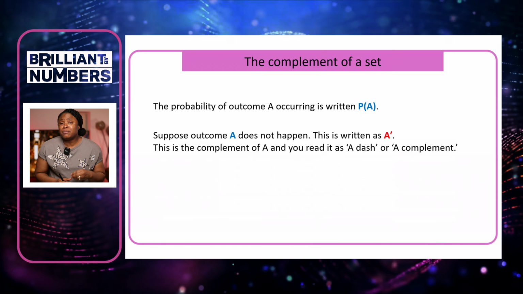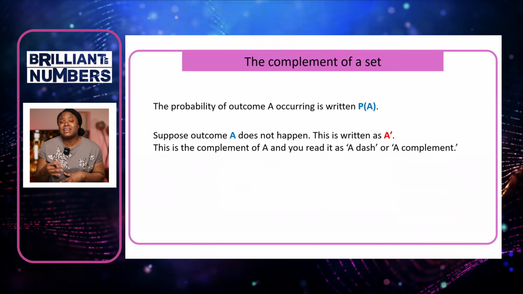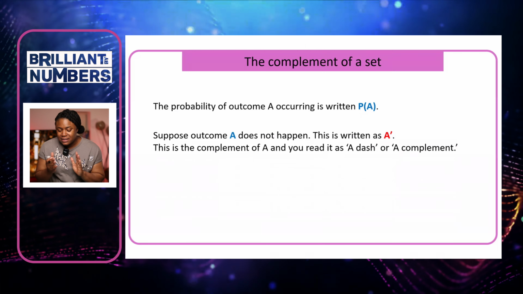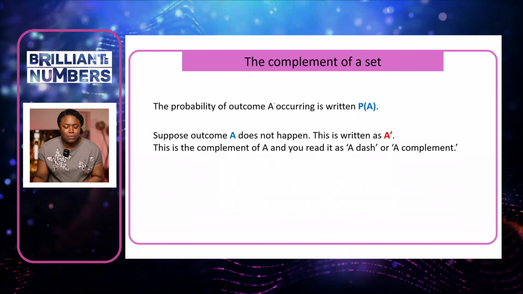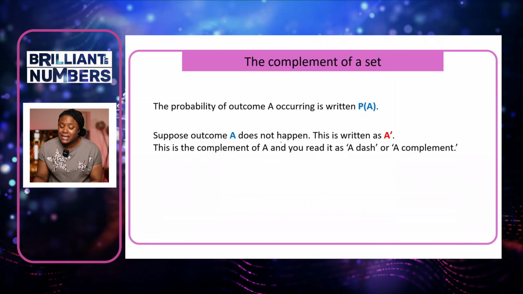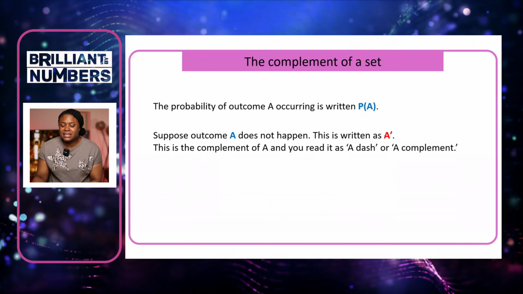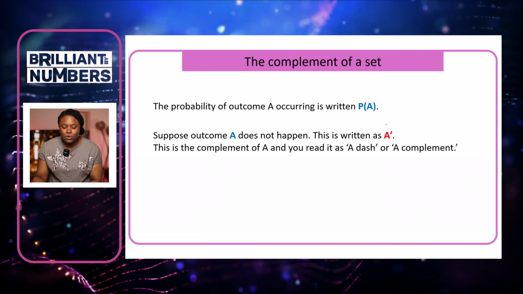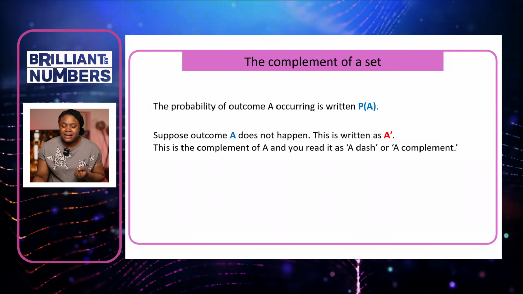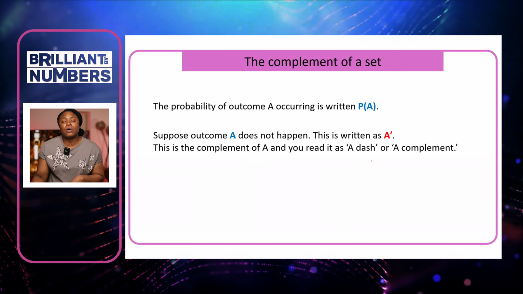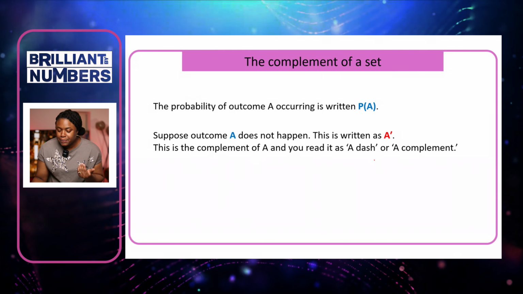If an outcome doesn't happen, anything outside of the outcome itself is called the complement of that outcome. So suppose A does not happen. This is written as A dash, which we call a complement, or we could just read it as A dash, or we can call it a complement.